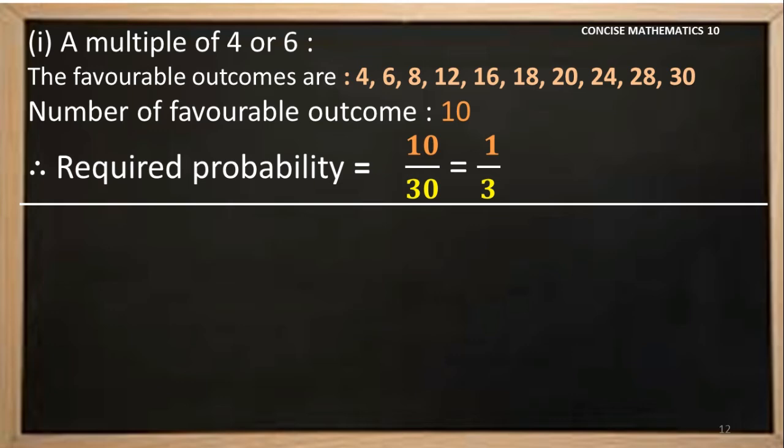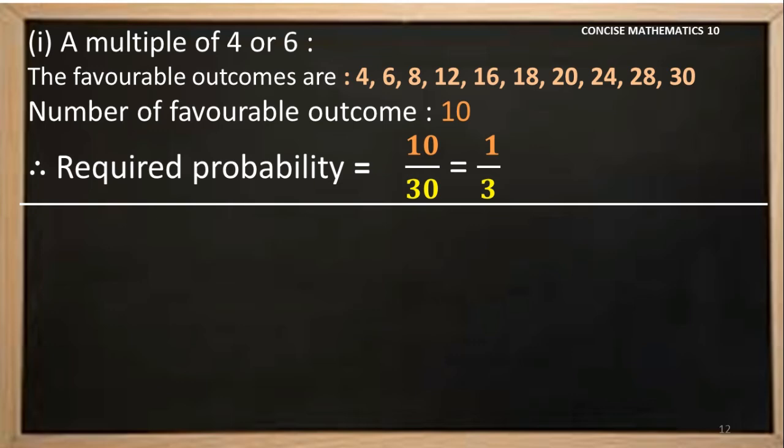So let us list out, children. 1, it's not possible. 2, no. 3, no. 4, no. 5, no. 6, 7, 8, 9, no. 10, no. 11, 12, 13, 14, 15. So 15 is a multiple of 3 as well as a multiple of 5.